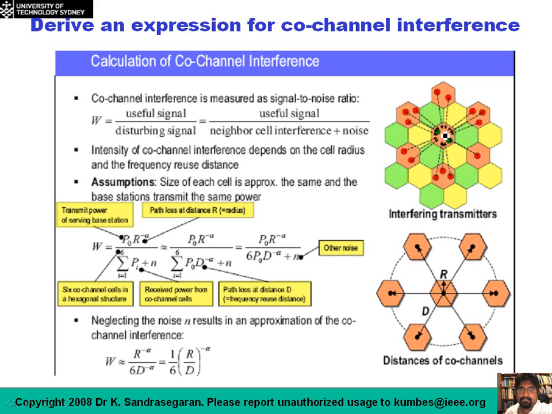Now we want to work out the carrier to interference ratio, which will be a ratio of the useful signal to the signal from the disturbing cells.